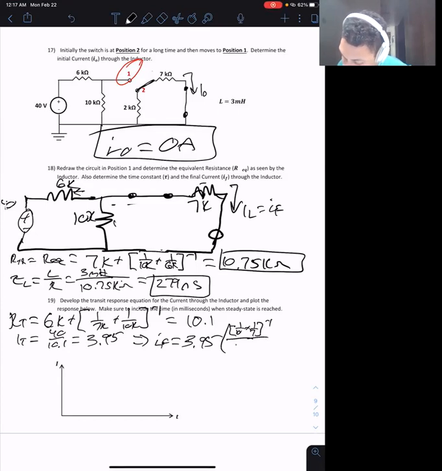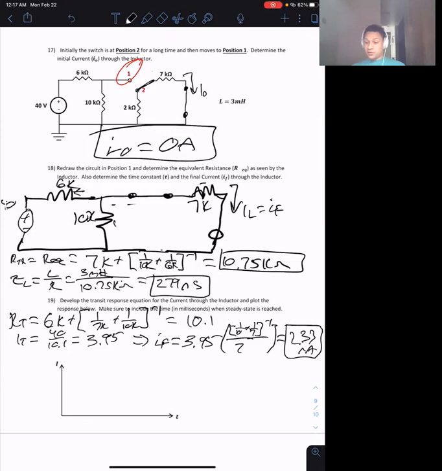And then that's over 7, which is the resistance of the branch. And that's going to give you 2.33. That's in milliamps. That's I final.